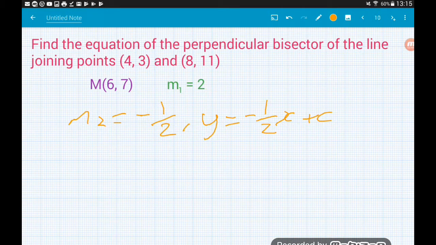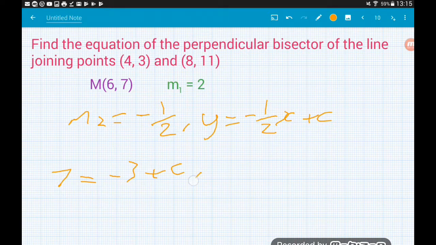So for our final step, we need to find the value of c, which we do by substituting in the coordinates of our midpoint. Those are telling us that when x is equal to 6, y is equal to 7. So we're going to get 7 is equal to minus 1/2 times 6, which gives us minus 3, plus c.